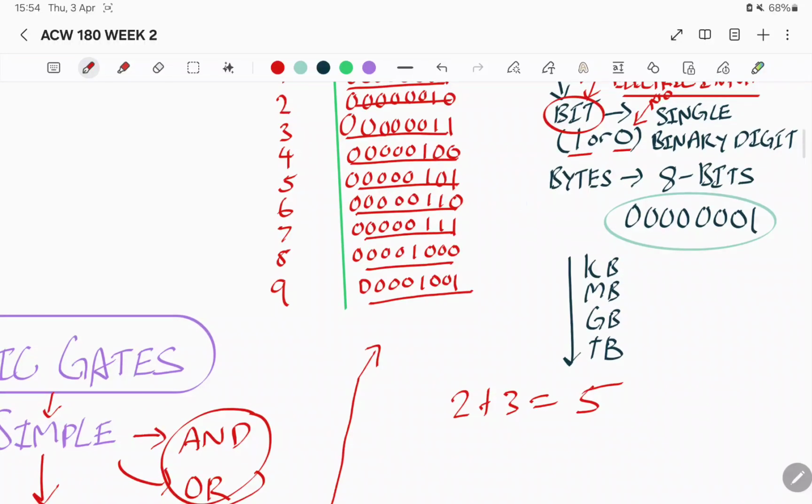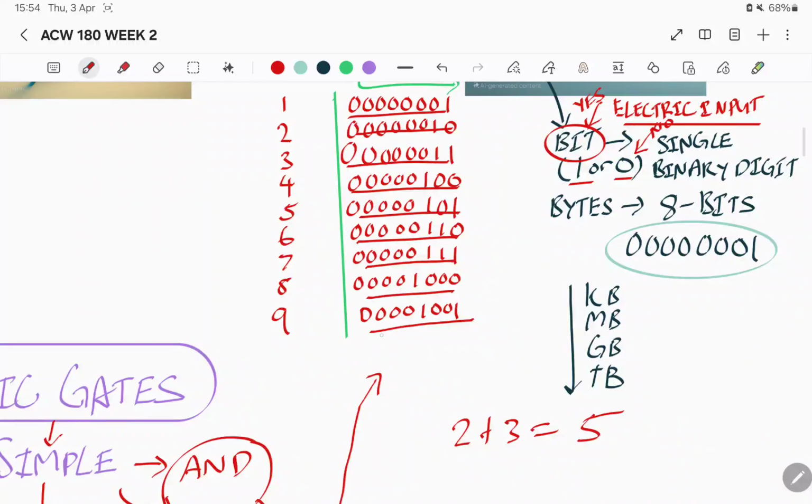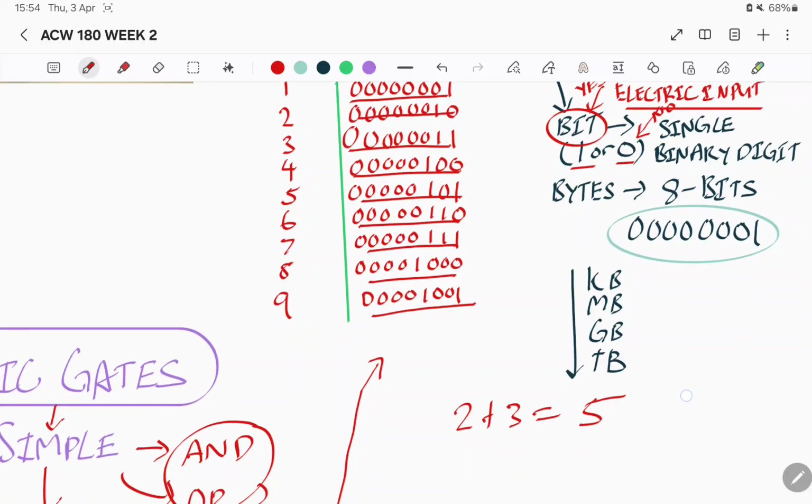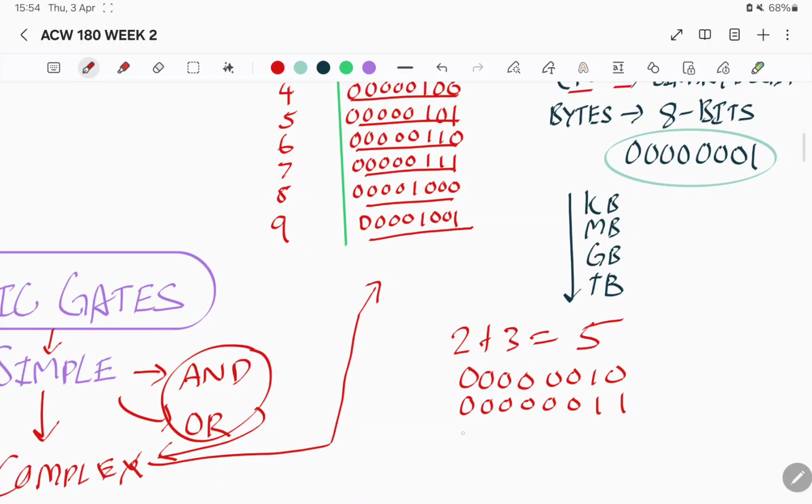So if you can see over here, let's take away the 4. 2 is over here. 1, 2, 3, 6 plus 3 is... okay. This is how the computer computes.